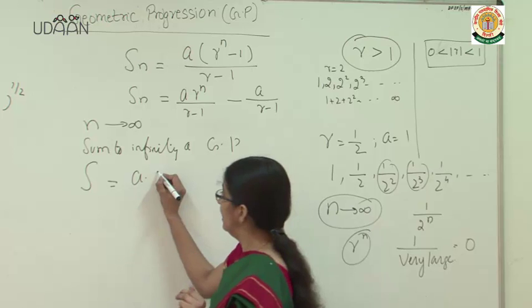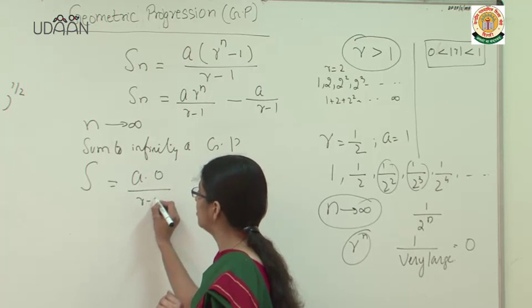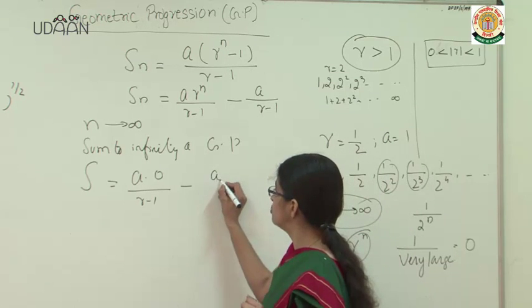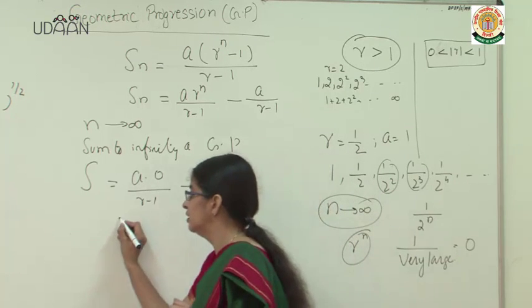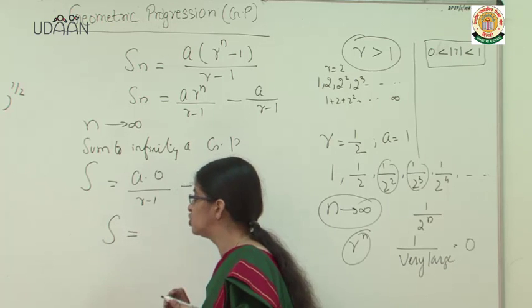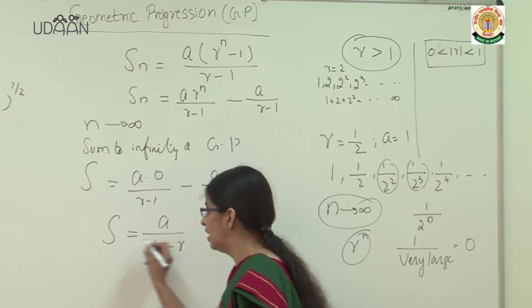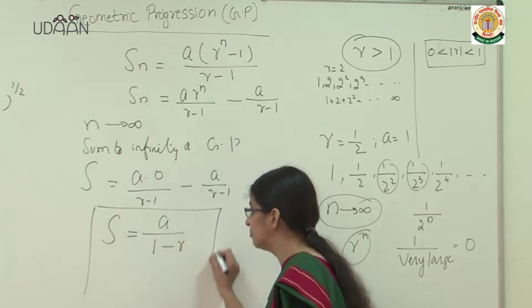So we can write a into 0 divided by r minus 1, and the second term, which is independent of n, comes out to be a by r minus 1. So the sum to infinity of a geometric series is equal to a by 1 minus r.